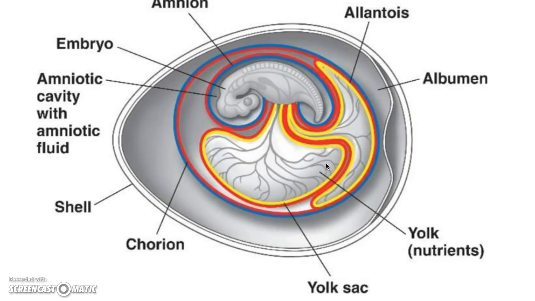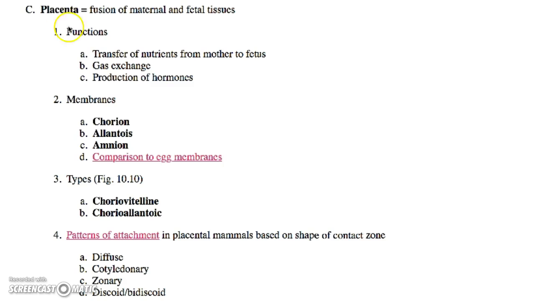I think in humans, it lasts for about 6 weeks into pregnancy, and then all the nutrients that are in that yolk sac have been absorbed by the developing embryo. And then finally, right around the embryo itself, you have the amnion. So that's the membrane that first envelops the developing embryo. So all these same structures are present in placental mammals. They just don't have the outermost membrane and the shell.